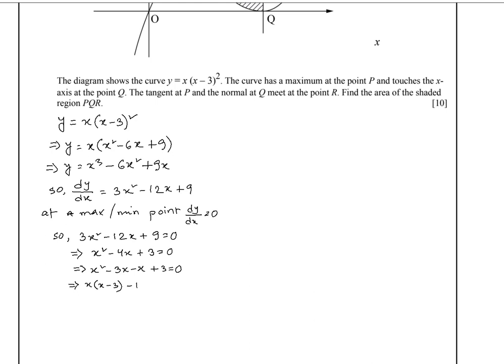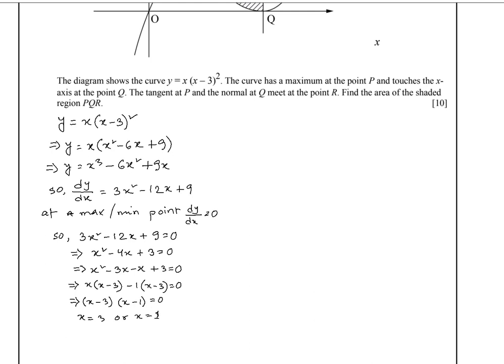So again we can write minus 1 times (x minus 3) equals 0. Now in the next line, let's take (x minus 3) common. That gives us (x minus 3) times (x minus 1) equals 0. Therefore we can say that either x minus 3 equals 0, which gives us x equals 3, or x minus 1 equals 0, which gives us x equals 1.